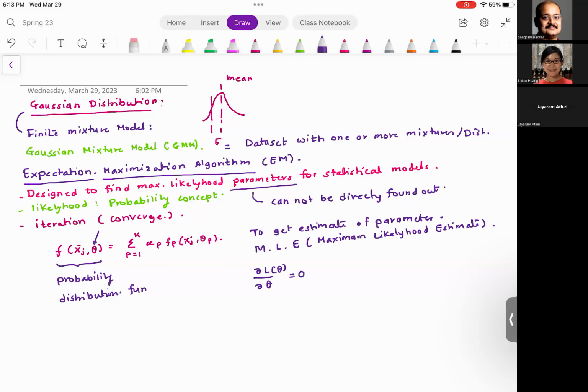You can think of this like an optimization approach, where you take the partial derivative of this L function, and this L function is nothing but the summation over j equal to 1 to n of the logarithm of the probability distribution function, so log of f of x j given theta.